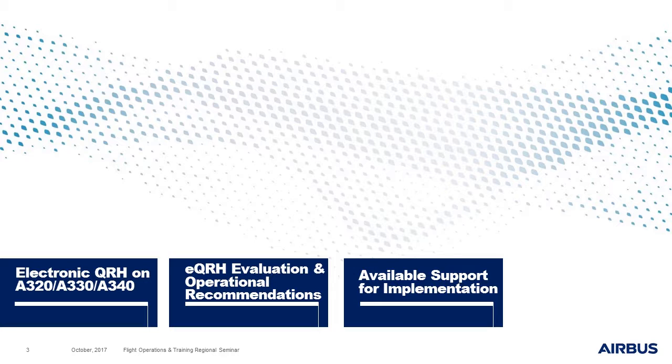Then I will present to you the eQRH evaluations and the main operational recommendations on this new concept of operations. Finally, I will present to you the available support from Airbus that will ease the implementation of the eQRH in your airline.